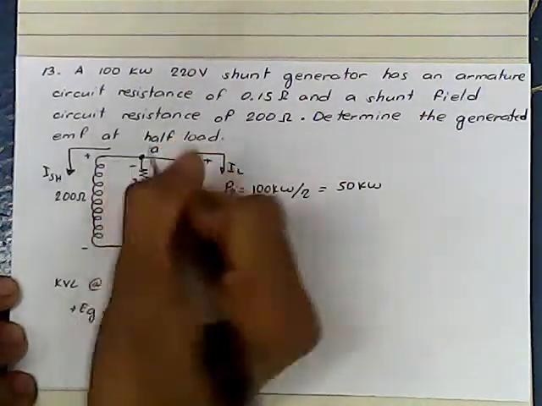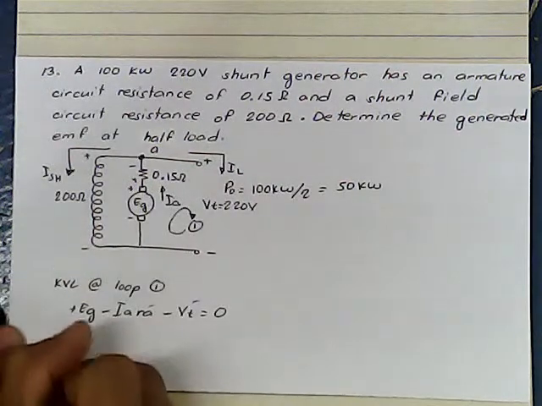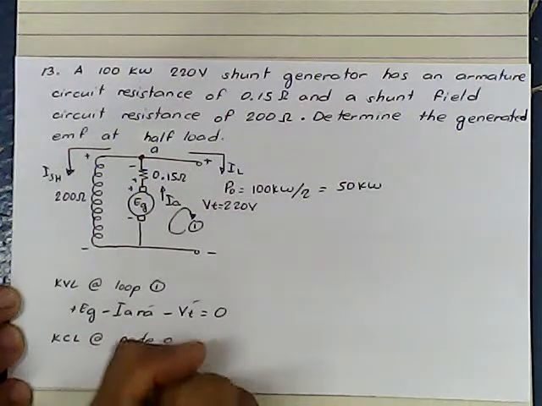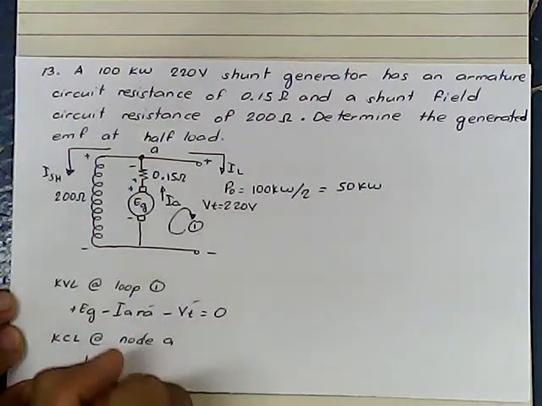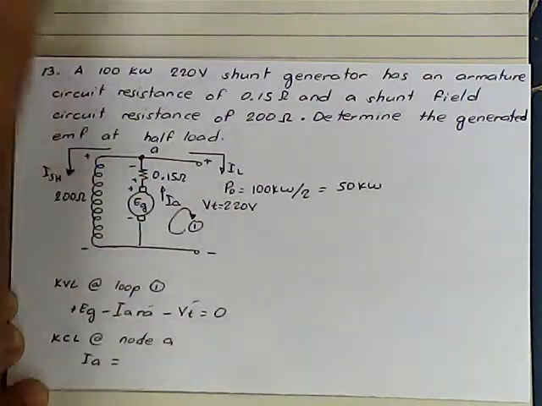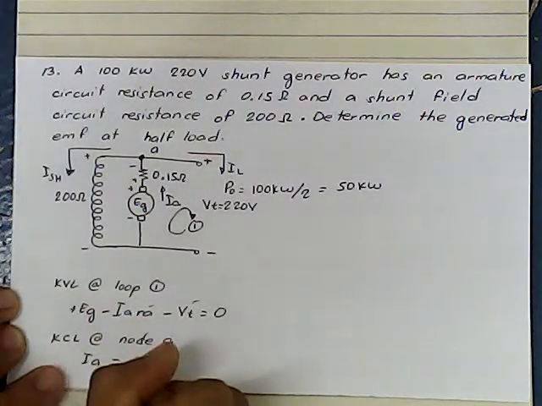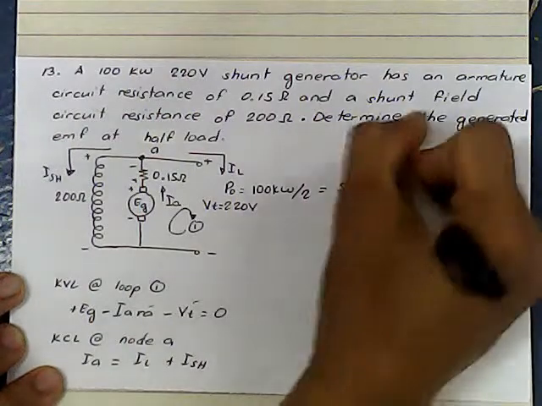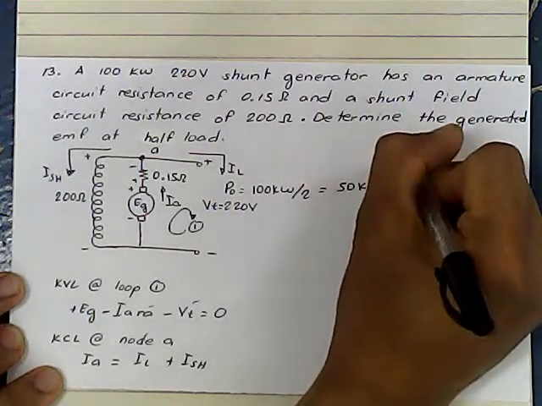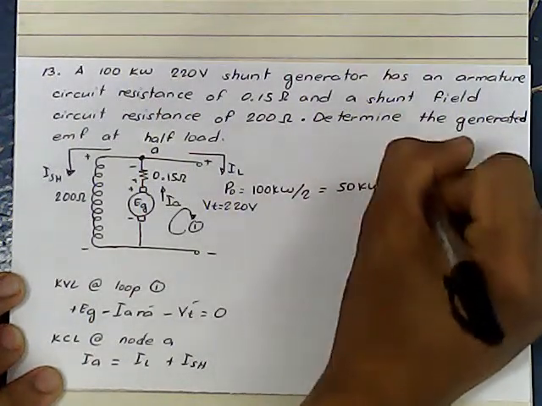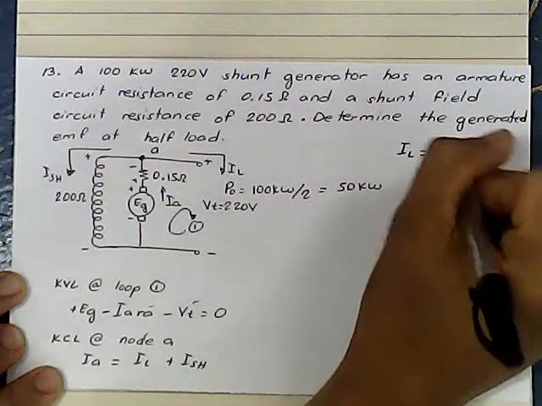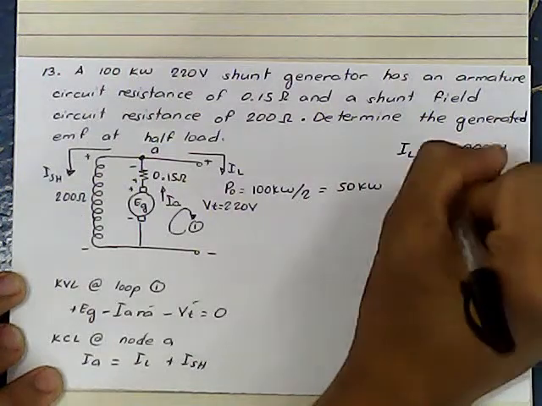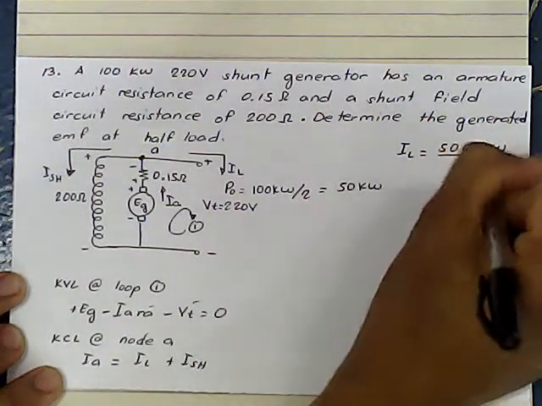So, using node A, Kirchhoff's current law at node A, we're going to have IA equals IL plus ISH. Again, we changed the power earlier. Instead of using 100 kilowatts, we will use 50,000 watts divided by 220 volts.